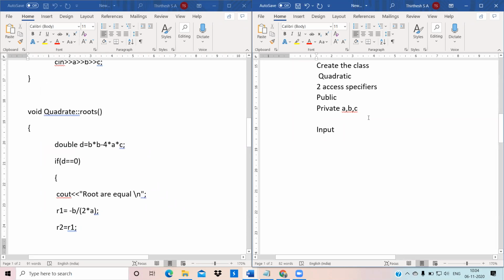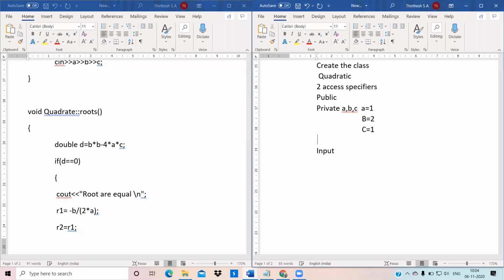Say, for example, you have taken your coefficients as a is equal to 1, b is equal to 2, and c is equal to 1.